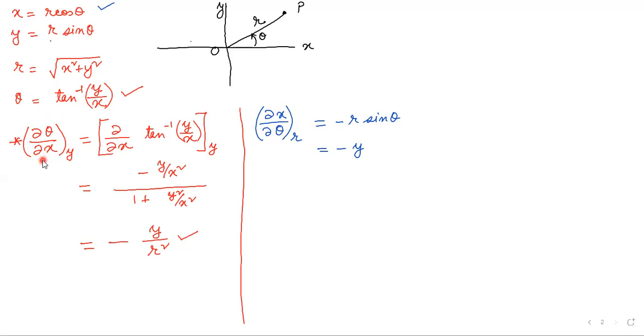But it actually turns out that this and this are not reciprocals of each other. They are totally different functions. Here we have minus y, and here we have minus y by r square. So dou theta by dou x at constant y and dou x by dou theta at constant r are not the same for a transformation of coordinates from Cartesian coordinates to polar coordinates.